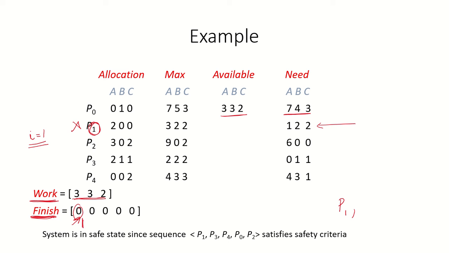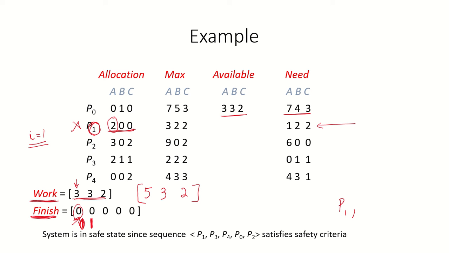So its finish, which was 0, will become 1, and now after execution it will release all its allocated resources. So now our available or the work vector will be updated and this 2 0 0 will be added to this over here. So this will become 5, 3 and 2. So the work vector has been updated. The finish vector has also been updated.